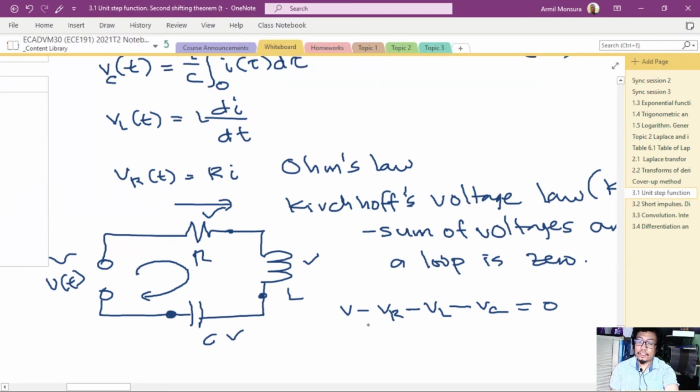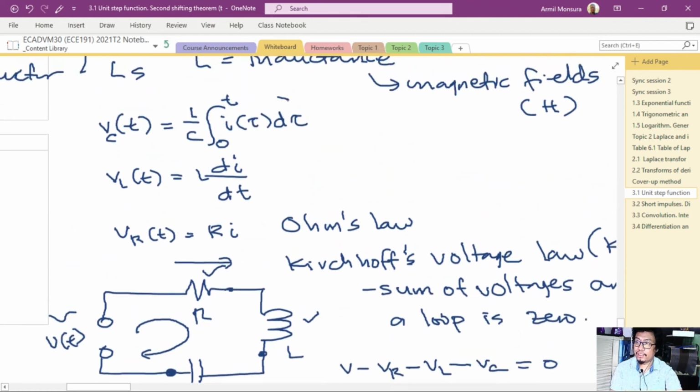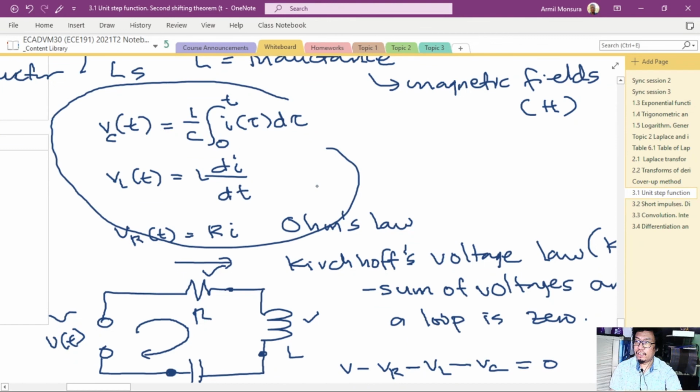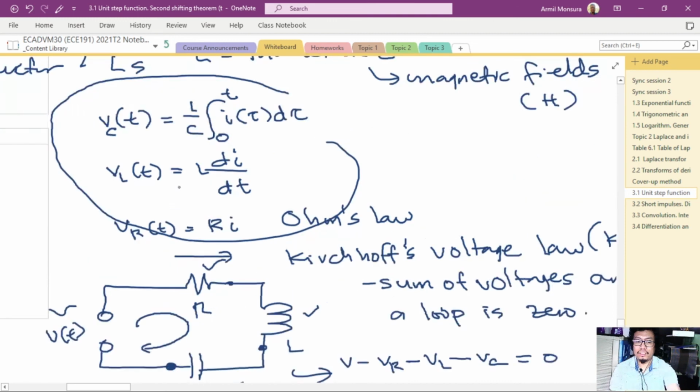So that's KVL. Now, you can actually proceed by substituting these three voltages. We call these voltage-current relationships because you relate voltage with current in all of these cases.